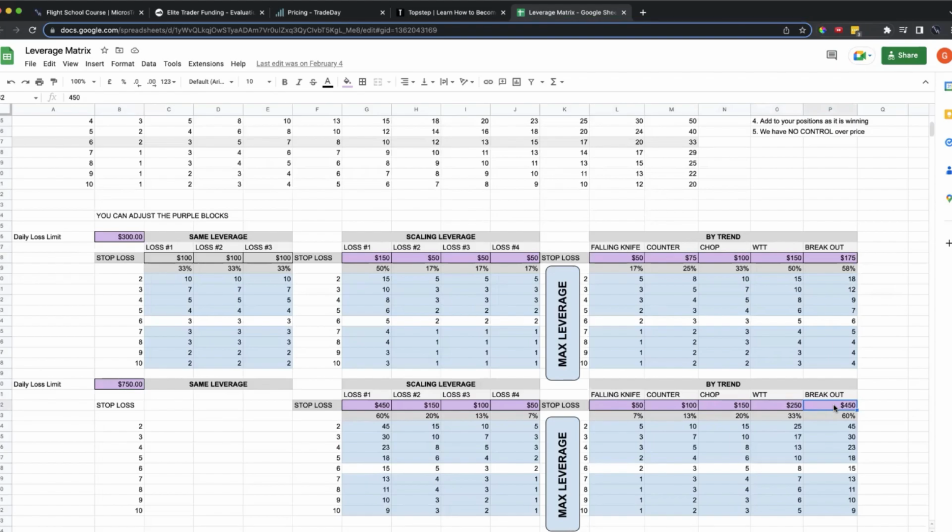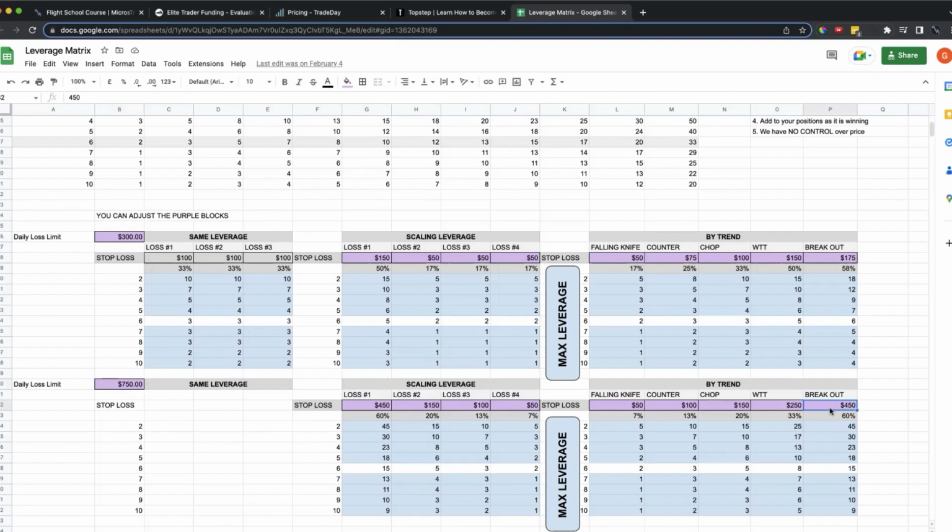Now, the one thing I recommend, that I talked about this week, that really is important. For example, on this 750 drawdown on the breakout, at this very moment, I'd be willing to take a 450 loss. Well, emotionally, I'm not willing to take a $450 loss, by the way. For me, for George, that's too much money.